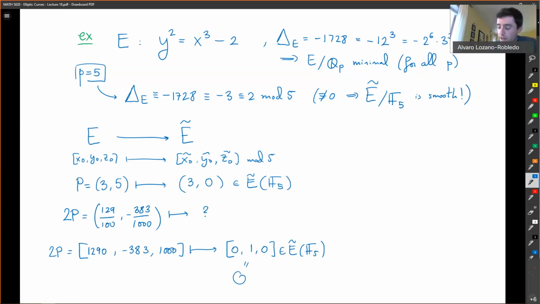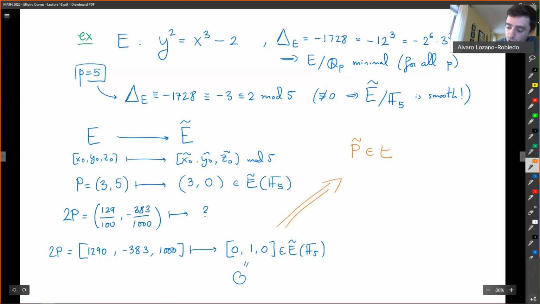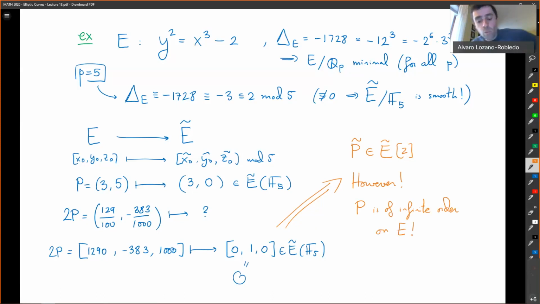What this means is that P is a point of order 2 in the reduction mod 5. It's non-trivial, because (3, 0) is not the point at infinity. It's a non-trivial point of order 2 in the reduction mod 5. However, we will see that the order of P is infinite on E. Well, this needs to happen.